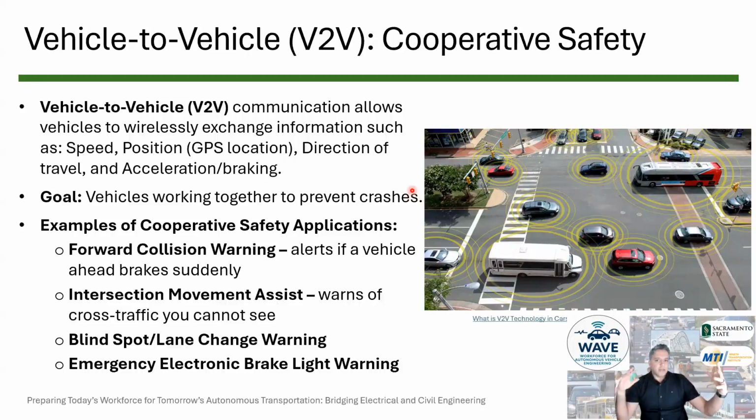If there's anything happening around, they can send that information, and it can generate alerts, like forward collision warning, if a vehicle ahead brakes suddenly.